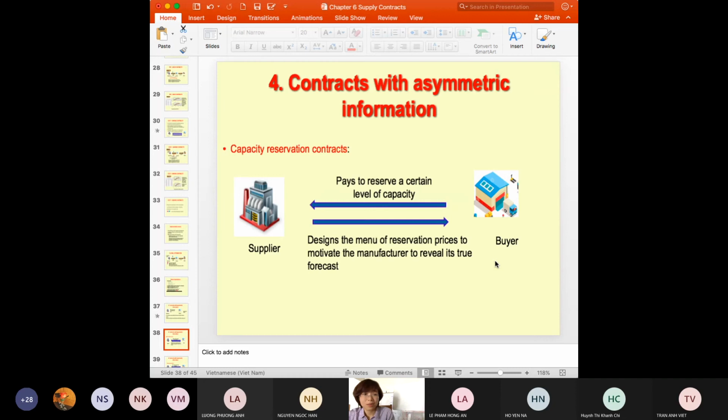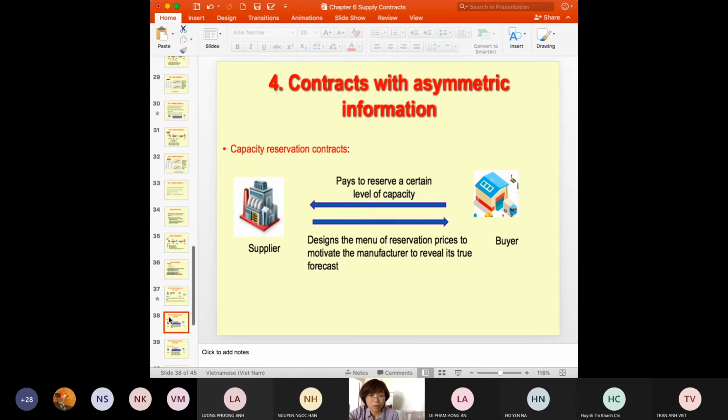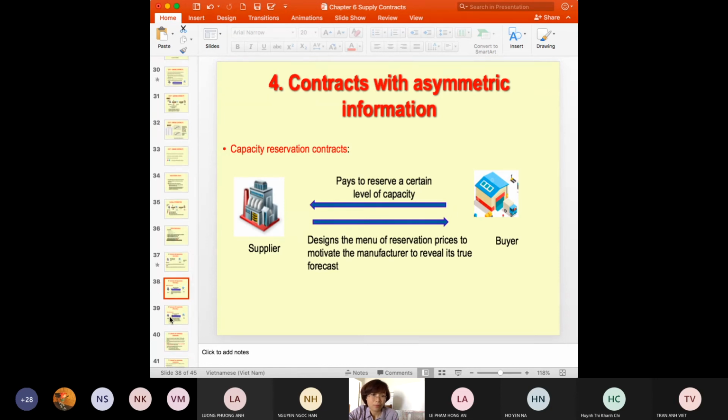That is the capacity reservation contract. If the buyer makes a reservation larger than their forecast, they must pay more money. So here the supplier has the list of reservation prices. The main purpose is that the supplier wants to know the true forecast value from the buyer.